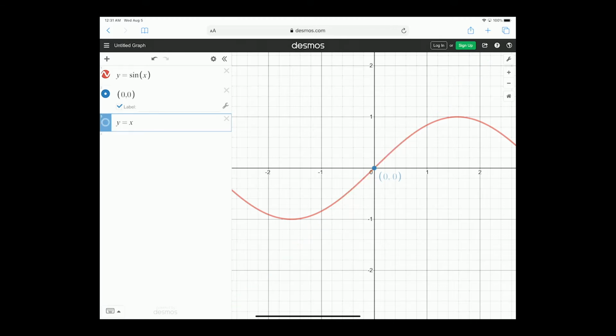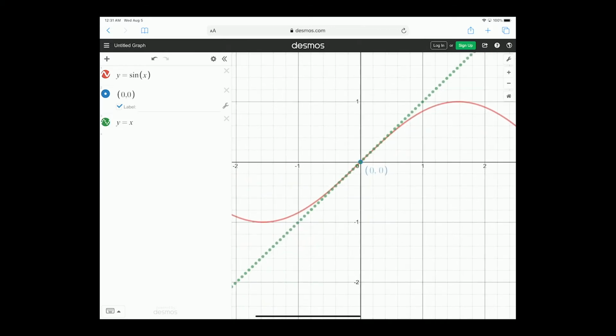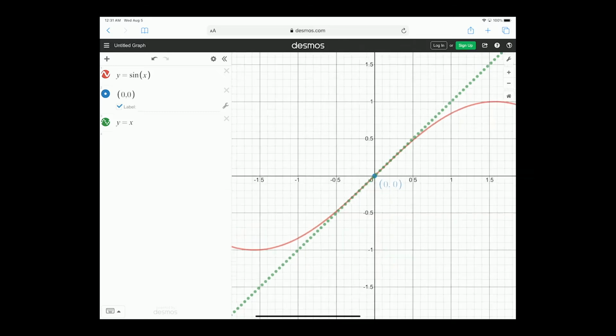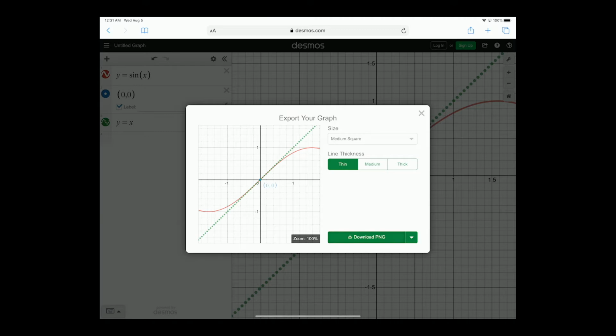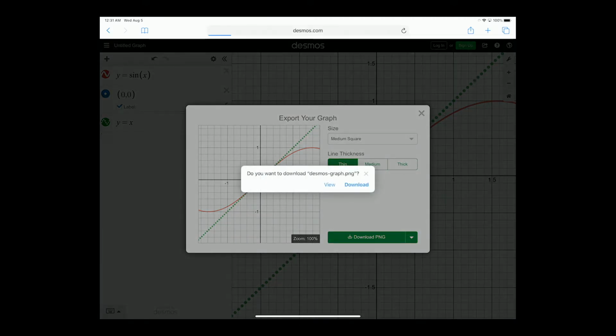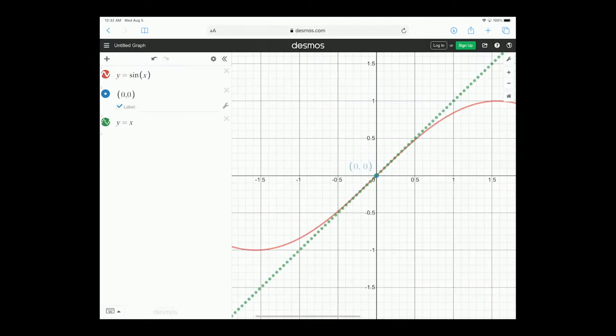But what you're supposed to notice about this, come on, let me change it. I just want to change it. Thank you. What you're supposed to notice about this is that the two curves are very close together here. How would I do this? I don't know, I'm not smart. Copy, no, that won't work. Save, let's save it. Export image, download PNG. Quit.